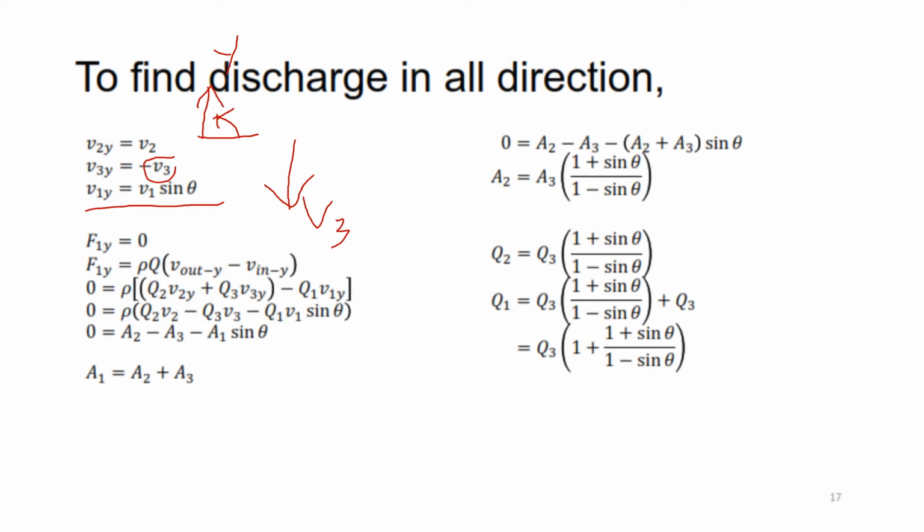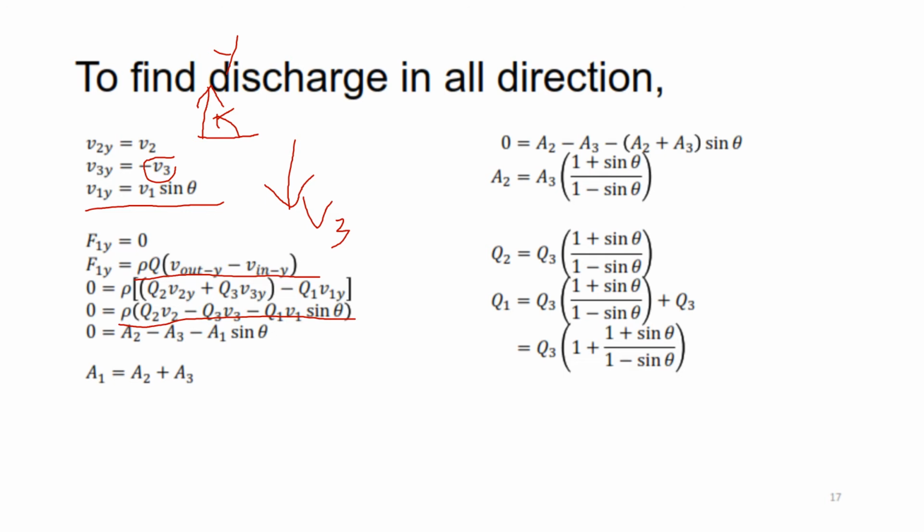And then the formula for force is density times flow rate Q times V out minus V in. Okay, so we have density. The Q is Q2 plus Q3, so we need to subtract Q1. Okay, Q1 is the in. The out is Q2 and also Q3. Okay, then we make it into a long mathematical equation.